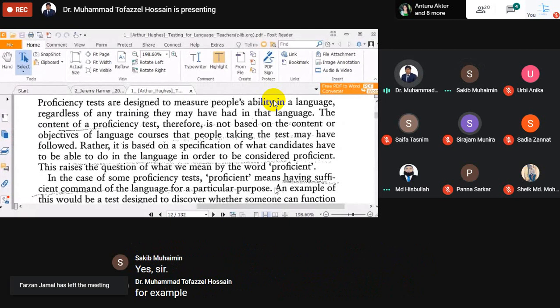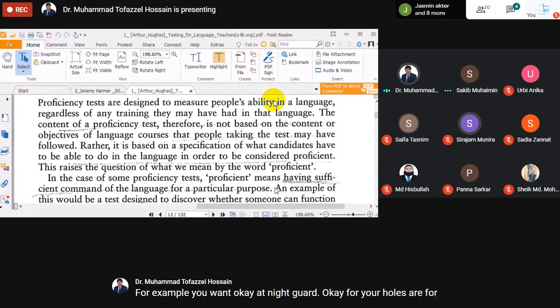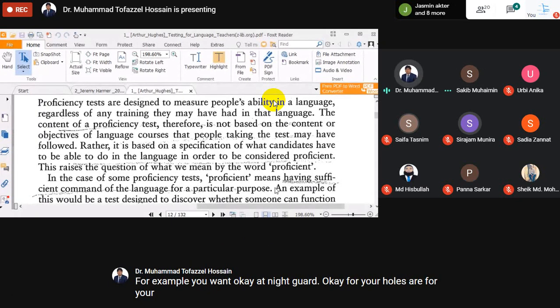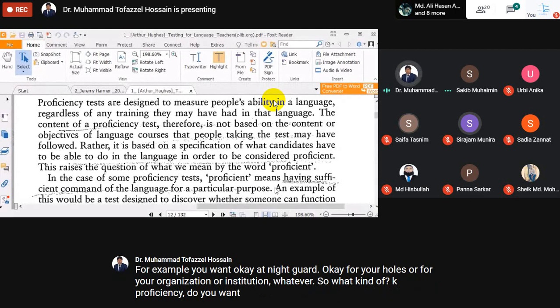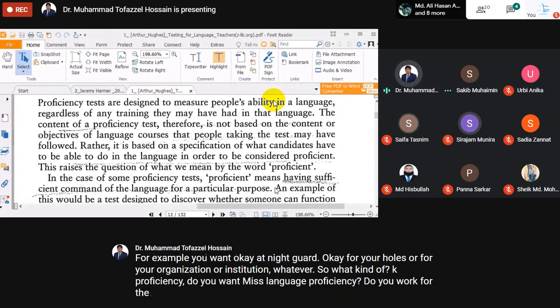For example, you want a night guard for your house or for your organization or institution, whatever. So what kind of language proficiency do you want for the night guard?